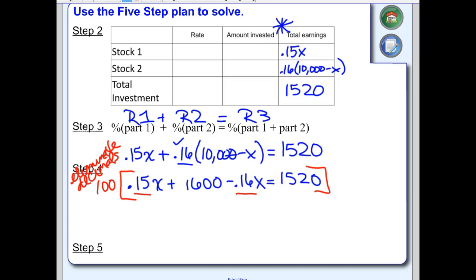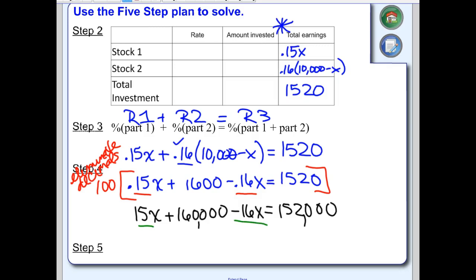And so we have 15x plus, now I'm going to have to add 2 zeros to that number, minus 16x equals, and if I multiply that, I got to add 2 zeros to the end. Okay, so now let's combine like terms. What's 15x minus 16x?